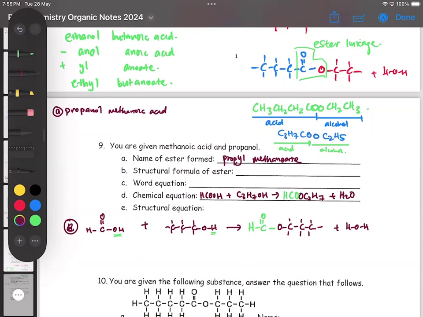Okay, please digest the structural and the chemical equation. See if there's any issue with this. The idea is to identify the C double bond O, and then that is the acid component. Okay, so with this, the word equation.